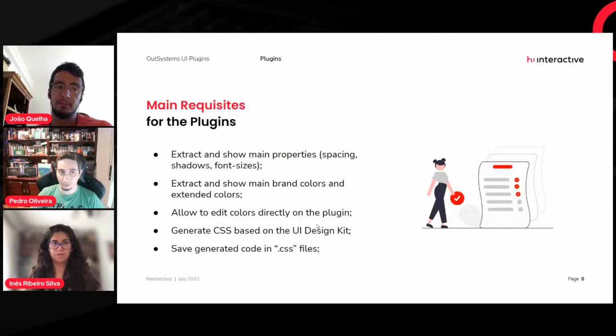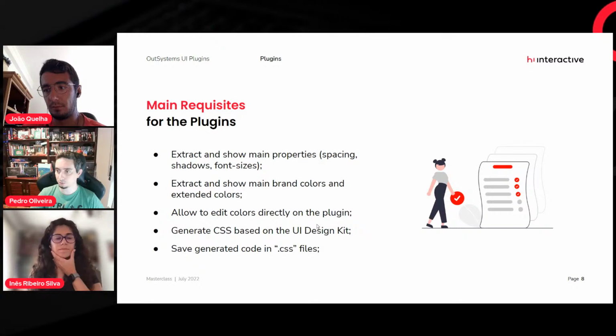So basically, there were a couple of prerequisites when we started this project. The first one: since the goal was to ease the communication between designers and UI developers or front-end developers, we wanted to show in the same place, and in the end I'm going to give you a demonstration on how you can interact with the plugins, things like the spacing rules, shadows, font sizes.